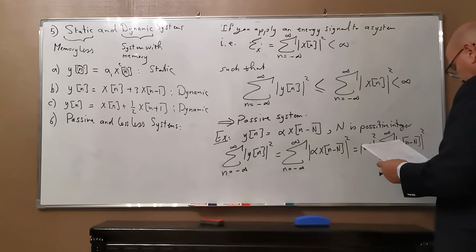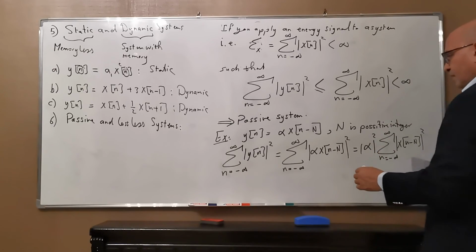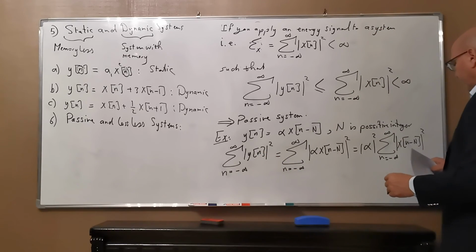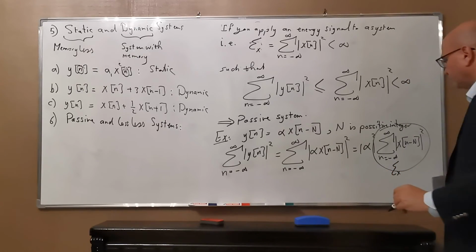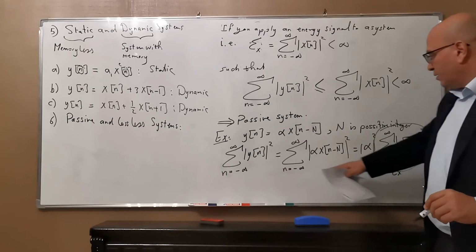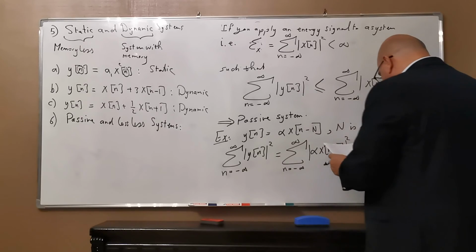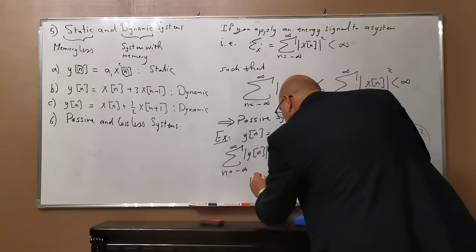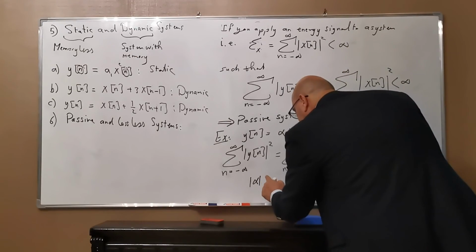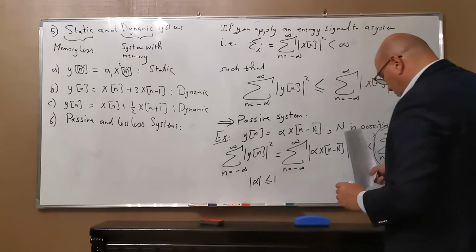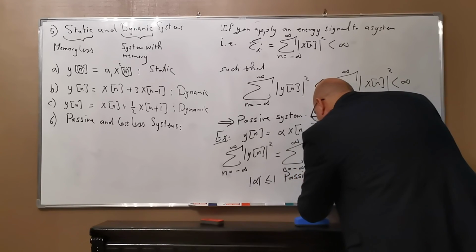Okay? Now, this is y of n, this is x of n, this is actually our Ex. So the system y of n depends on the magnitude of alpha. If the magnitude of alpha is less than or equal to 1, then we have a passive system.